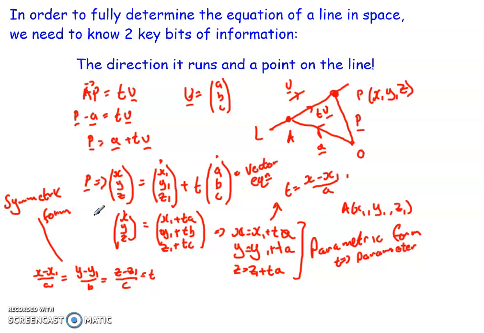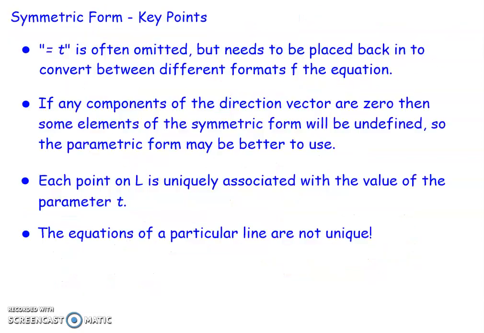Now, there's a couple of things that you need to remember and note about the symmetric form of a straight line. There's a few key things that may come up in relation to this. The first thing being, at the end of that we had equals t. That's often omitted, but needs to be placed back in to convert between the different forms of the equation.